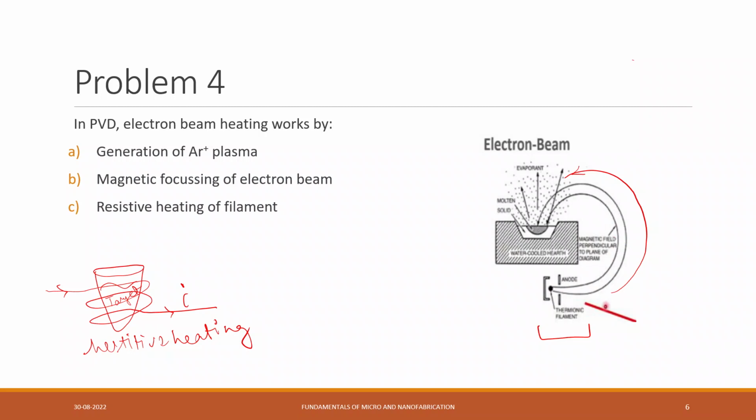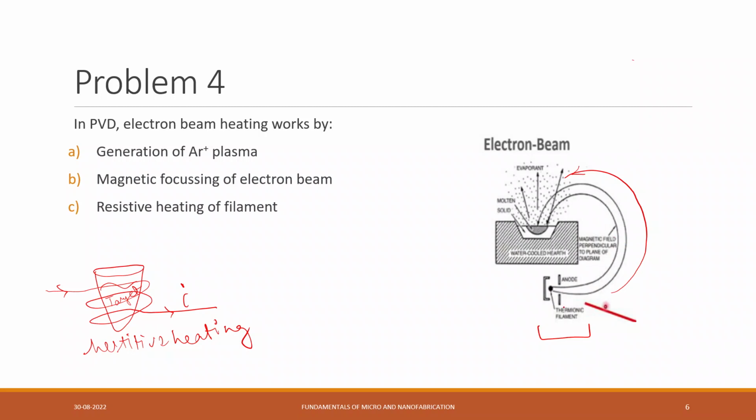We use this phenomenon in a lot of applications, like mass spectrometry for channeling different ions and charged particles, and also in electron microscopy for getting a focused beam wherever we want. So this magnetic field helps in focusing.